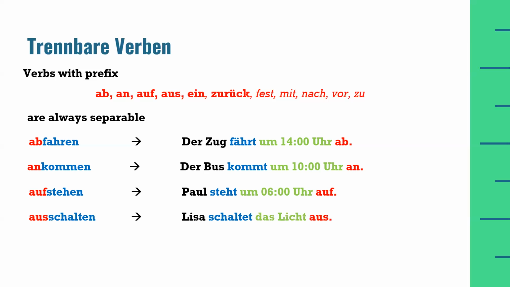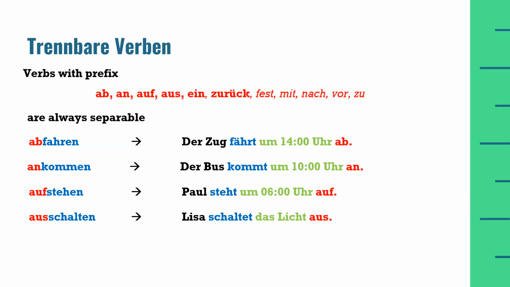Next example, ausschalten. Ausschalten means to switch off. Whenever we want to say switch off for some electronic device or light, we use ausschalten. Einschalten is the opposite of it, which means to turn on or to switch on.